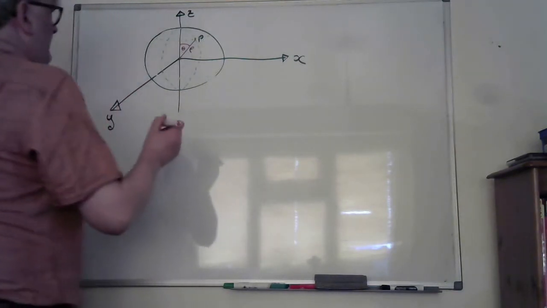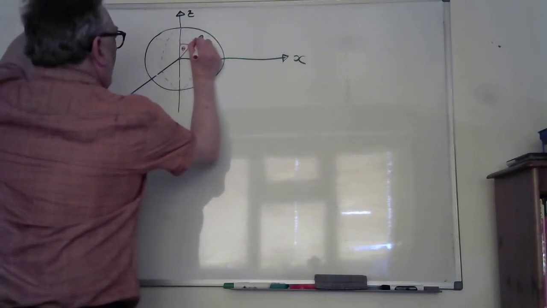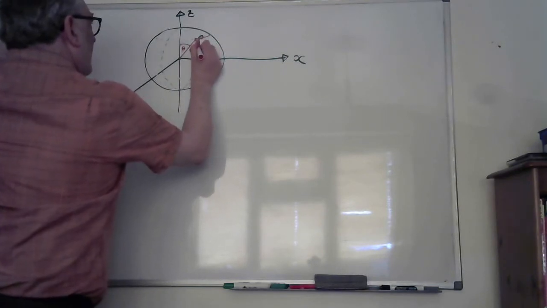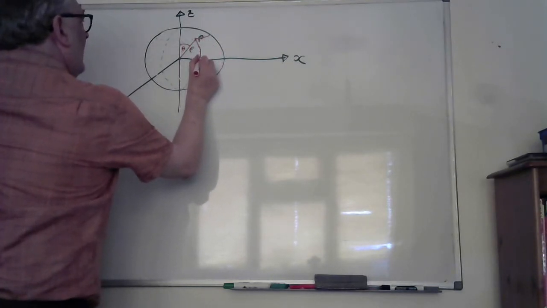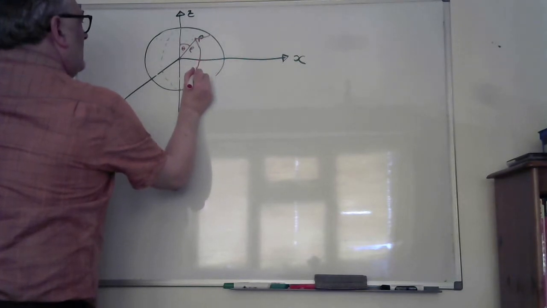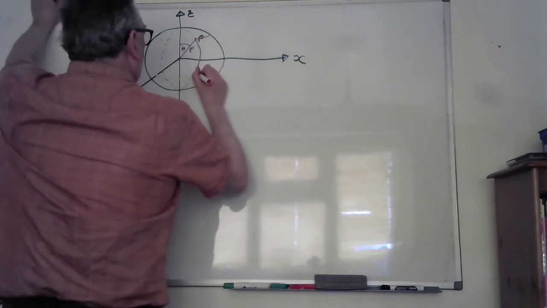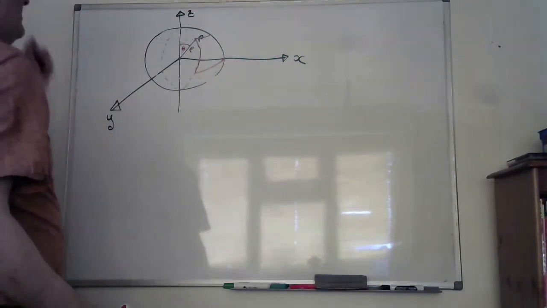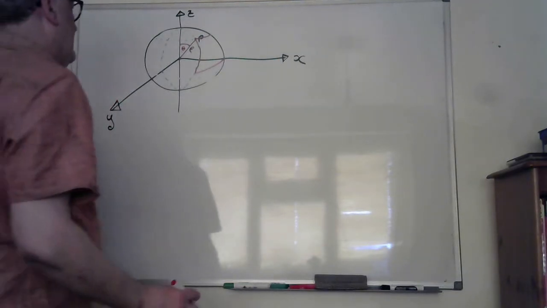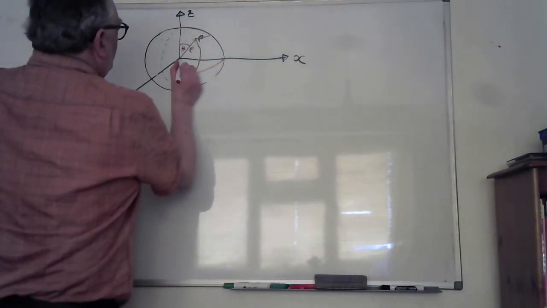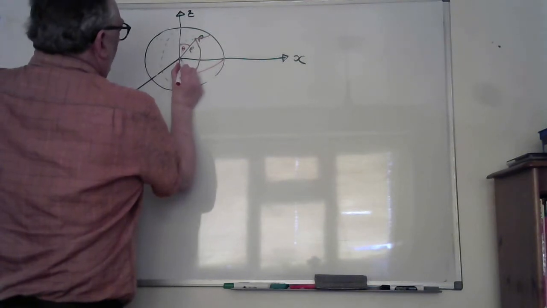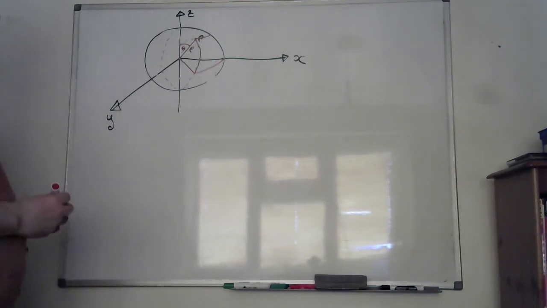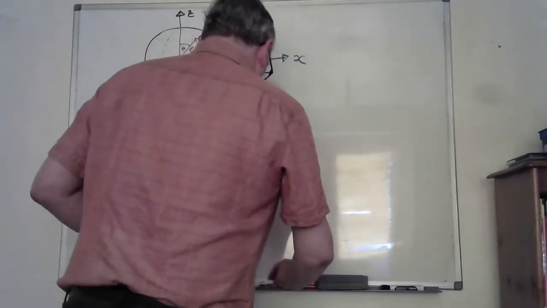Now, I'm going to continue to draw this part of the longitude line, which goes up to the x-axis, and we'll join the centre of Earth with that point on the surface of Earth.